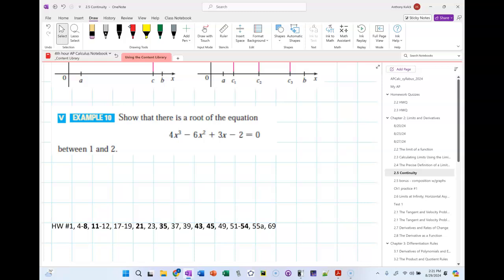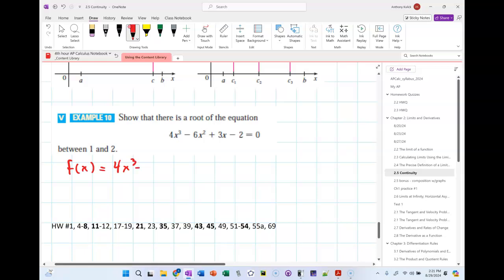So, first thing I want to do is define an f of x to be this polynomial. I know this is continuous because it's a polynomial.